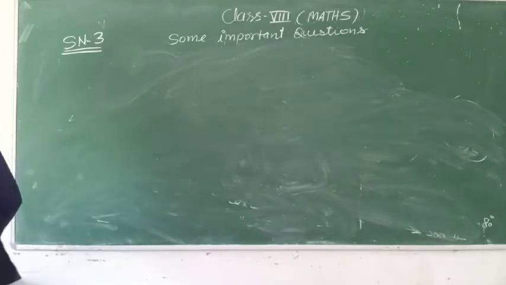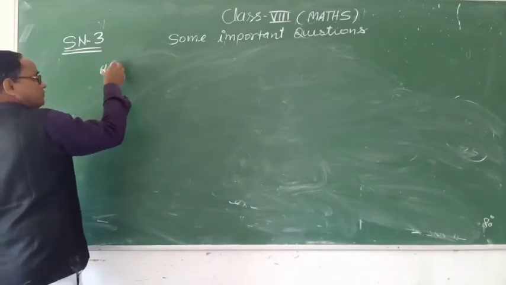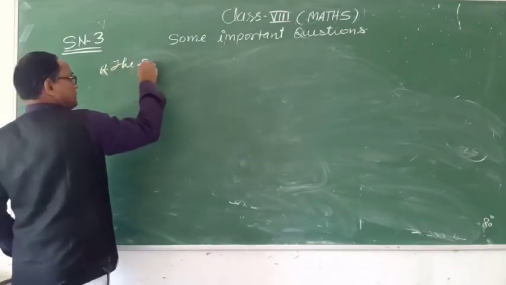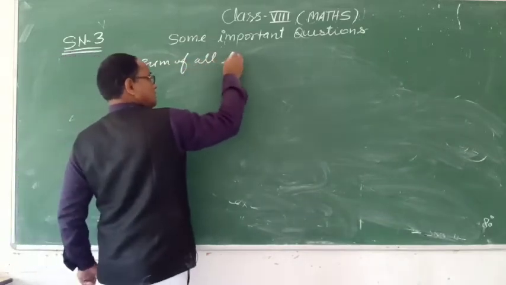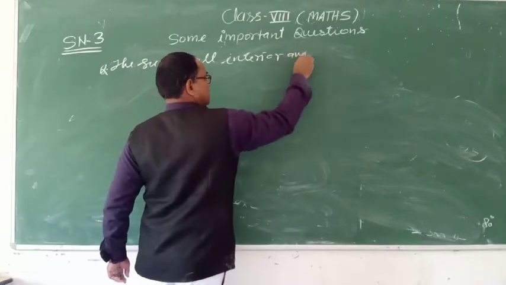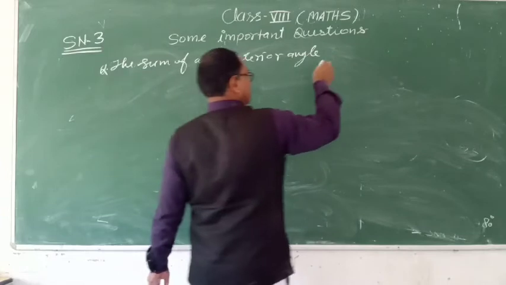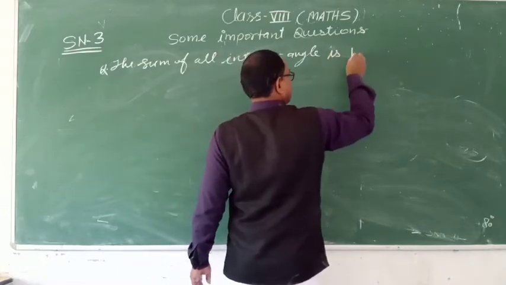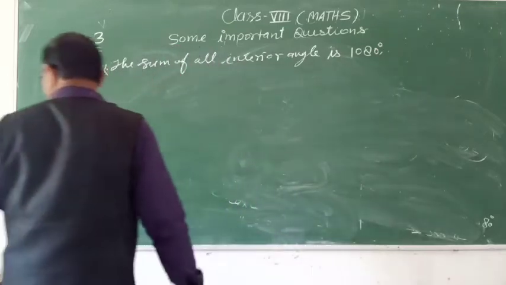Next question, which is very important: the sum of all interior angles of a regular polygon is 1080 degrees.